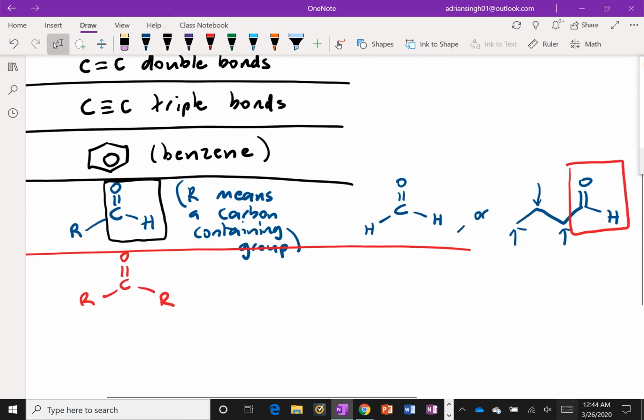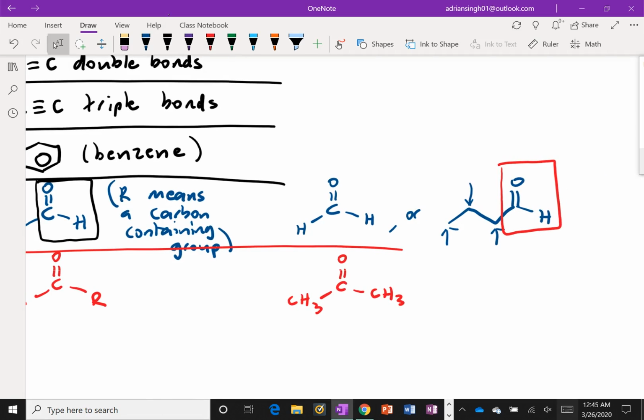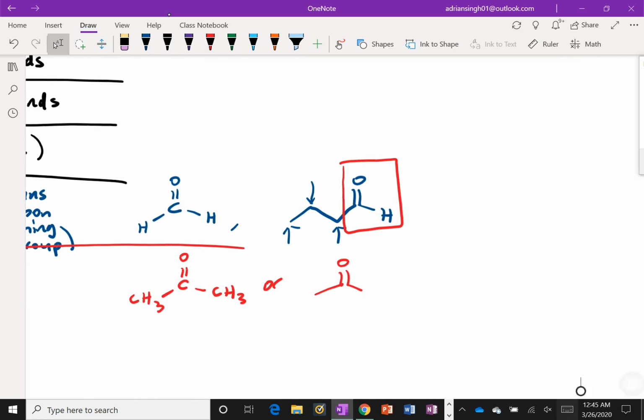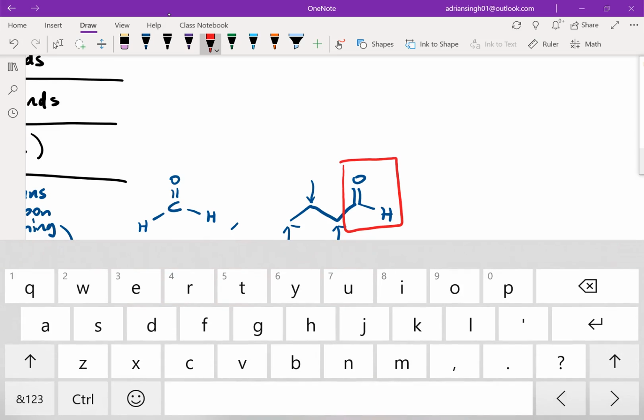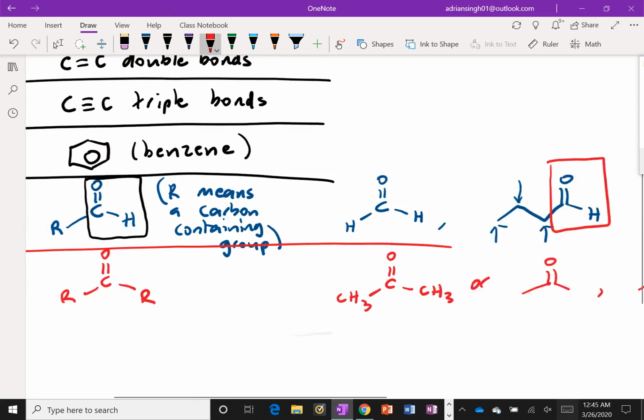So for instance, we can have a C double bond O, and then we have a CH3 on one side and a CH3 on the other side. Or if you were to use the line angle formula, it looks like this. Or you can have something a little bit longer. You can have something that looks like that. That's a ketone as well.